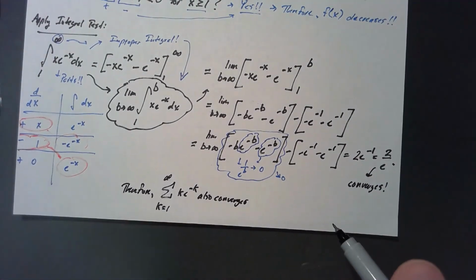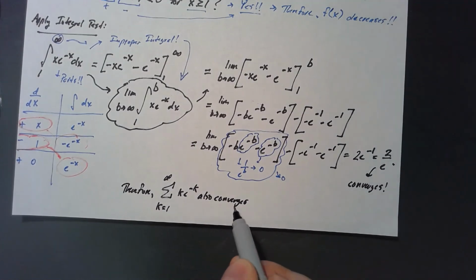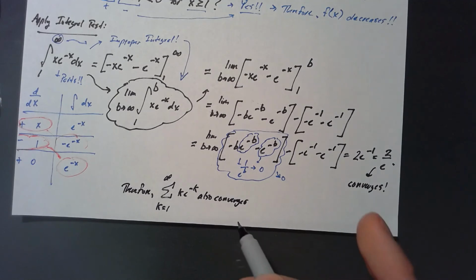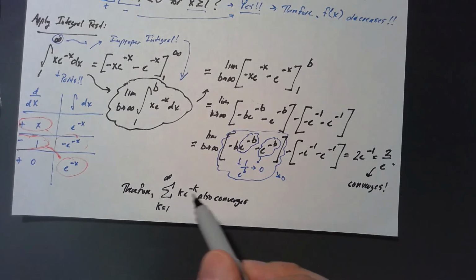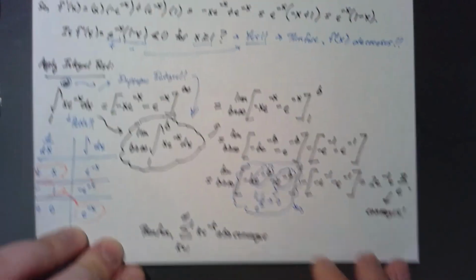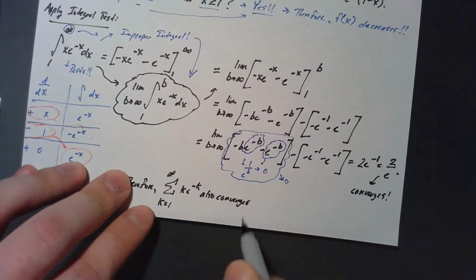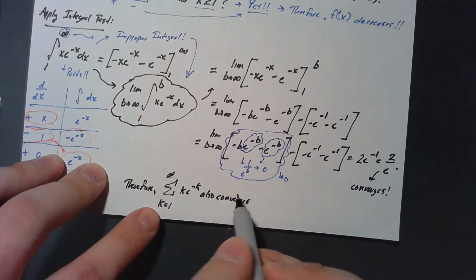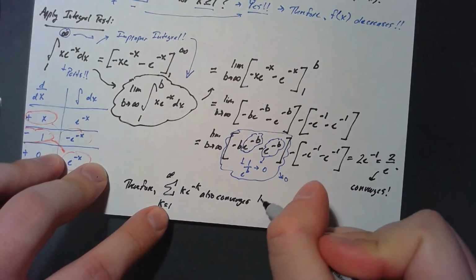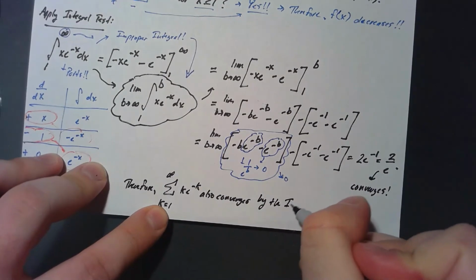And I'm going to make an important note here. Whenever you do a test for convergence or divergence, you should always cite the test that you're using. So in this case, what test did I use? I used the integral test. So I'm going to say this converges by the integral test.